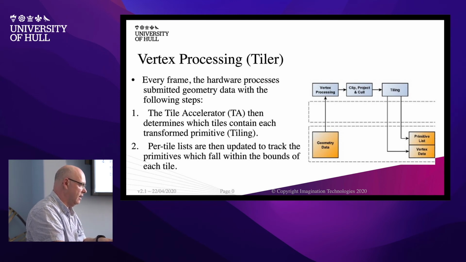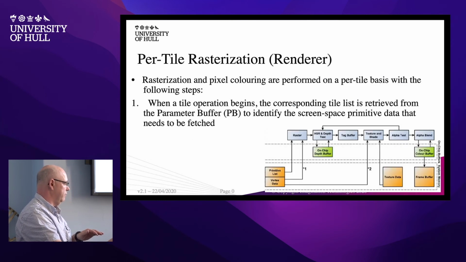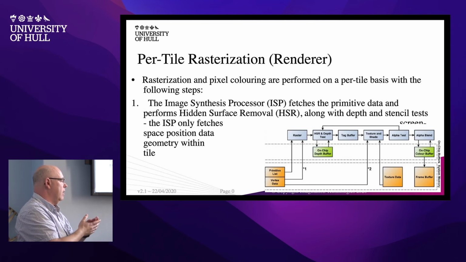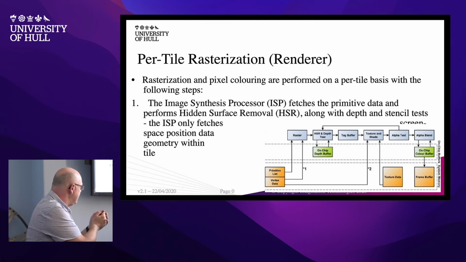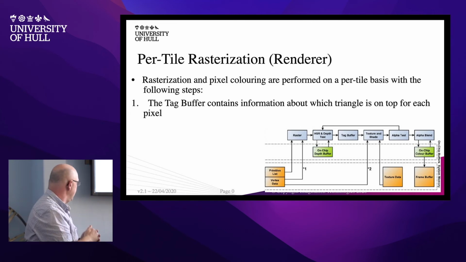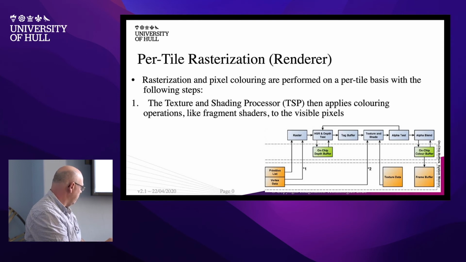So that's kind of as it was before. What we do is grab each primitive for each tile. You perform depth testing and hidden surface removal. You figure out which triangle is closest to you so that you can render it.